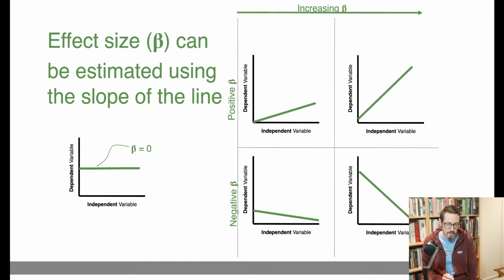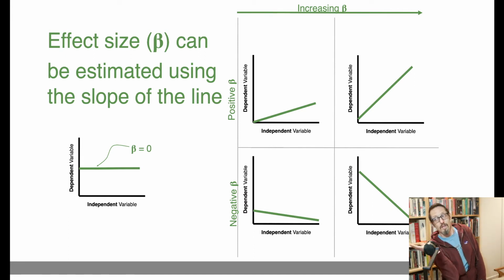So remember that things can be positive or negative. This is a highly positive effect size. This is a highly negative effect size. This is a barely positive effect size.